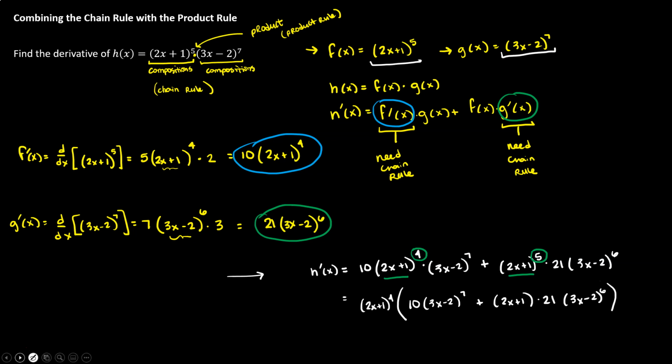Now we factored one common factor out, but that's not all of them, so let's go back and look for some more. I see that both terms inside of the larger set of parentheses contain the factor 3x minus 2. We have 7 of them in the first term, 6 of them in the second. We can factor out as many as they have in common, so we can actually factor out 6 of them.